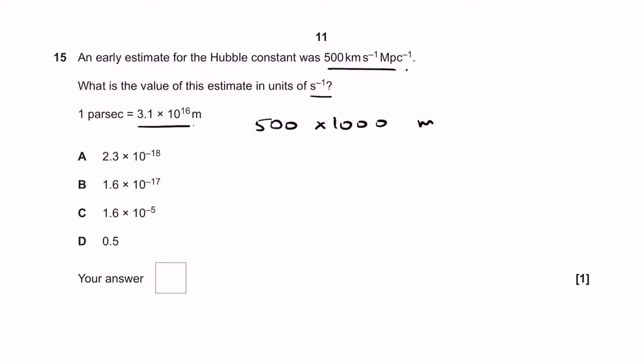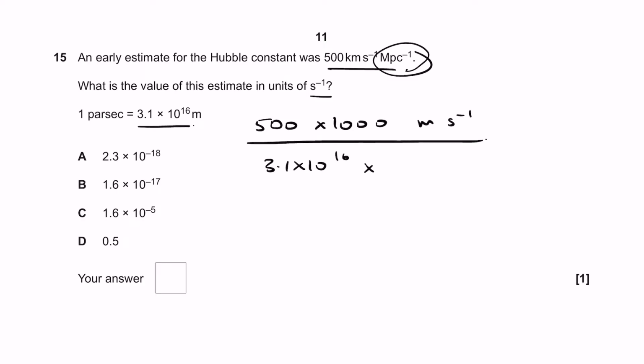So meters per second. And then megaparsec, watch out, is per megaparsec. It's not multiplied. So you have to divide it by 3.1 times 10 to the 16. And because it's mega, we have 10 to the power of 6 to convert that back into parsec. So that will give me B as my answer.